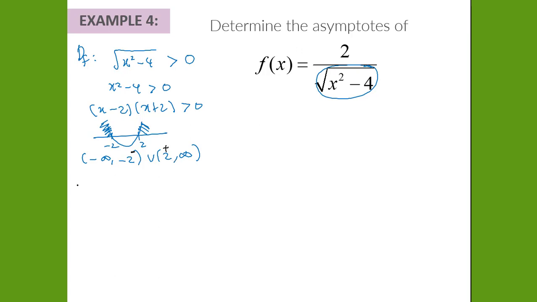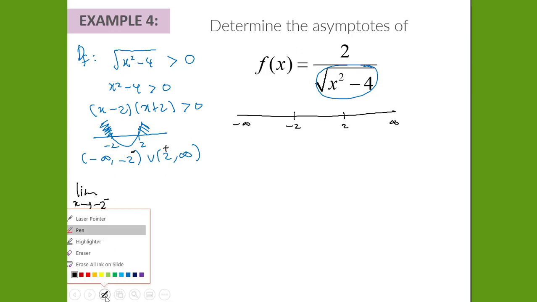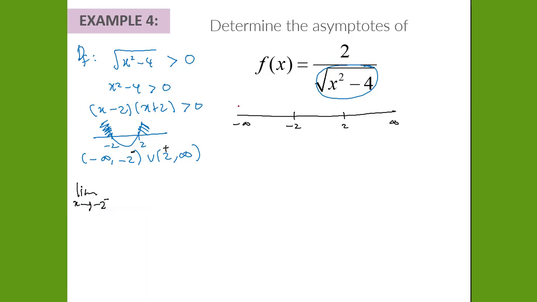If you change this domain to a number line, negative infinity to negative 2, and 2 to infinity, so negative 2 from the left only, 2 from the right. There are no domain values from negative 2 to 2, no x value.